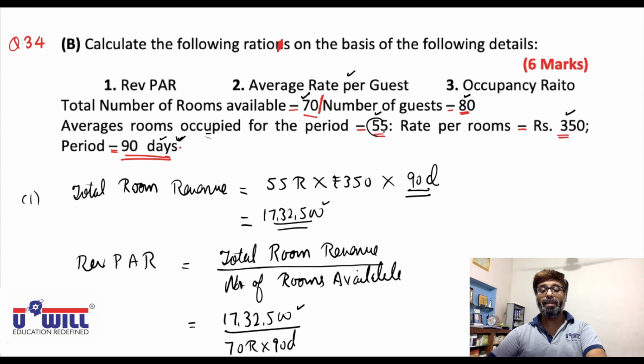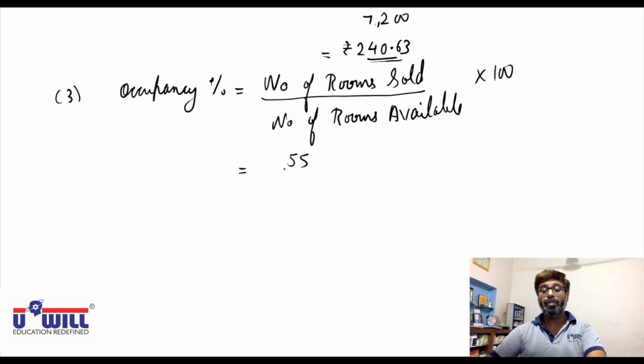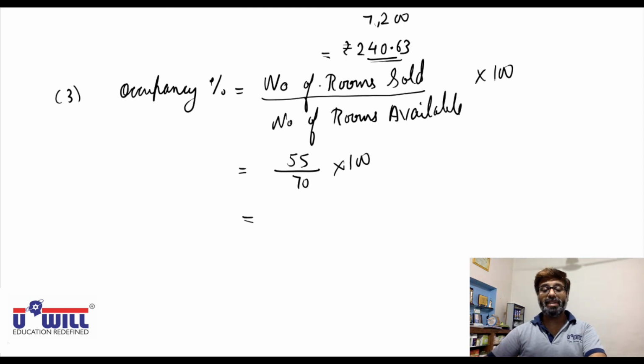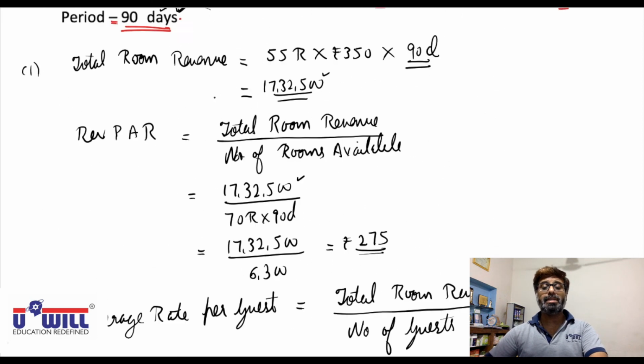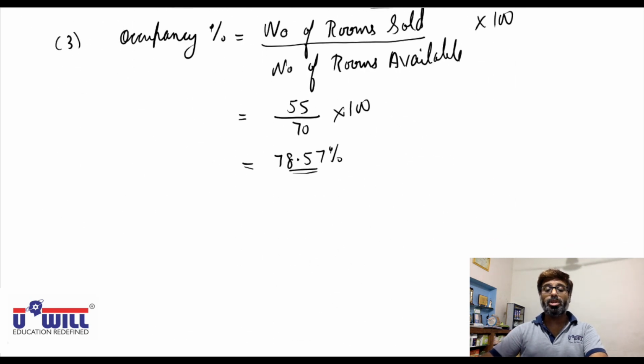So 55 divided by 70 into 100. You can say that occupancy percentage is 78.57%. Now here no need to multiply with 90 days, and even if you multiply with 90 days you get the same answer because 55 rooms also you will multiply with 90 and 70 rooms also you will multiply with 90. So 90 factor will completely get cancelled. So here even if you don't multiply with 90, that's okay.